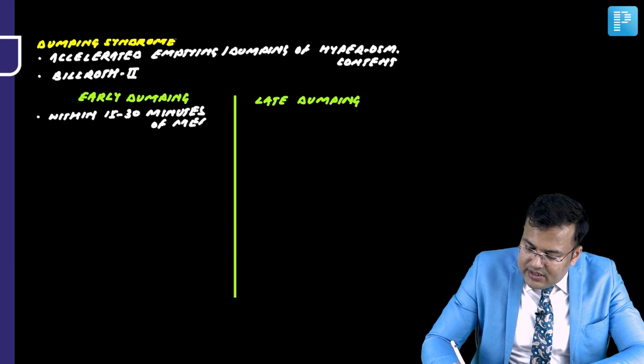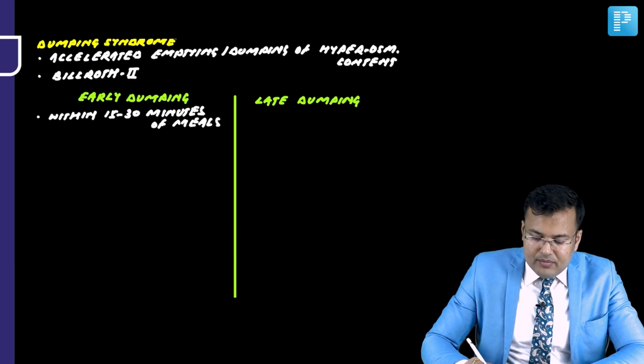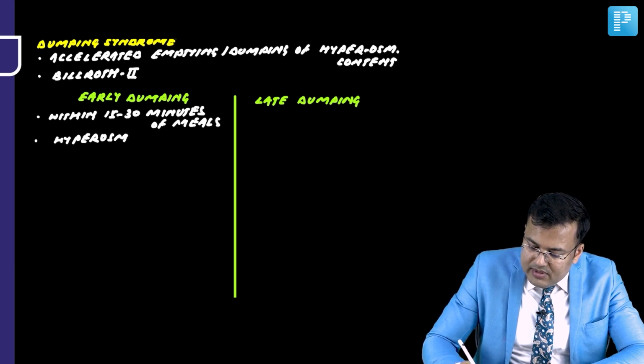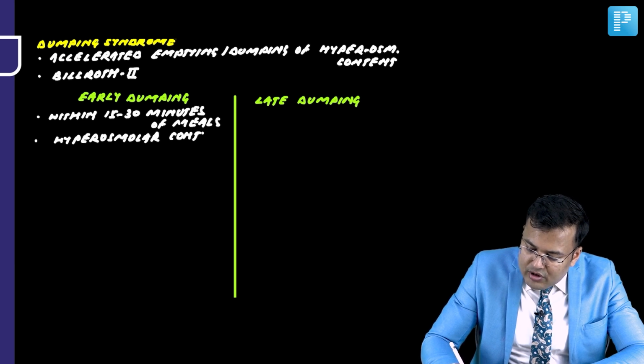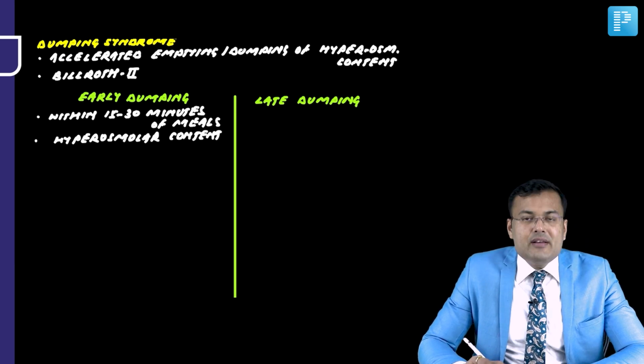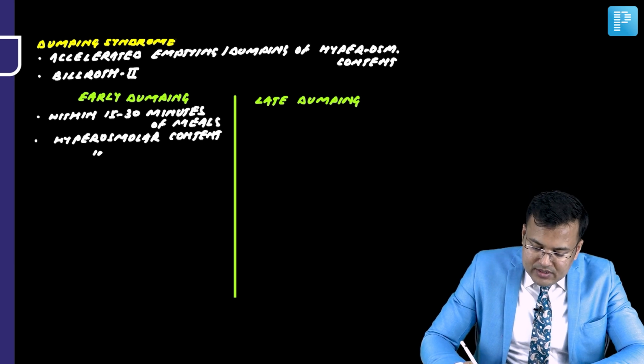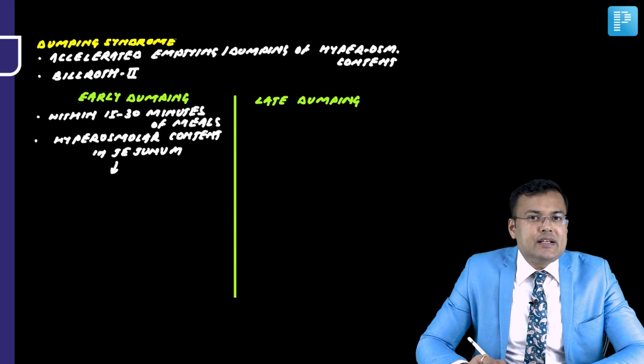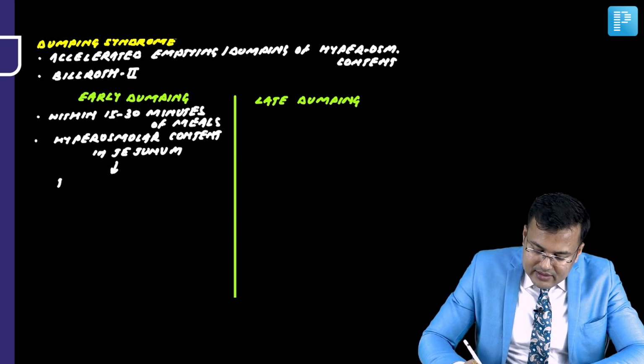Clear? And what is the sequence of events here? The problem is the presence of hyperosmolar content, where exactly? In the jejunum, the proximal part of the small intestine. Because of that, there is increased secretion in the jejunum.